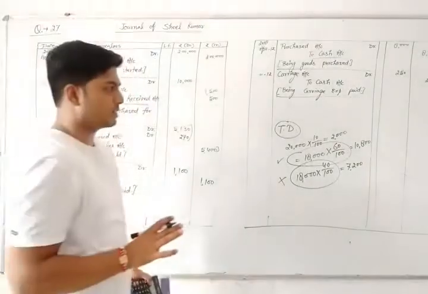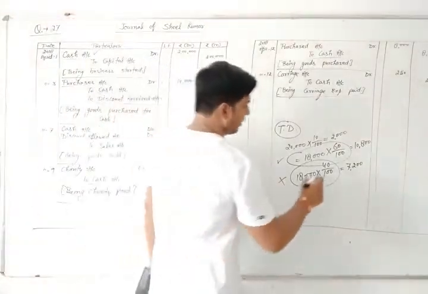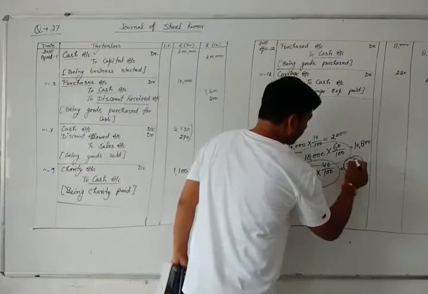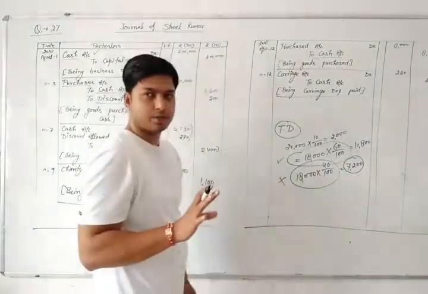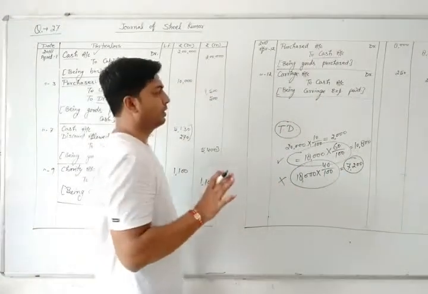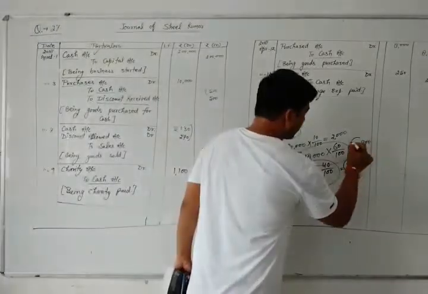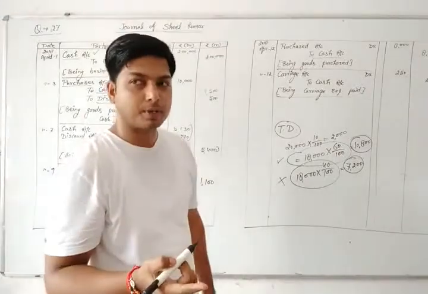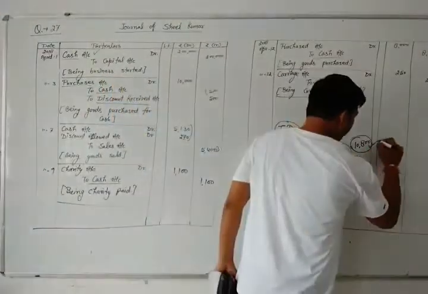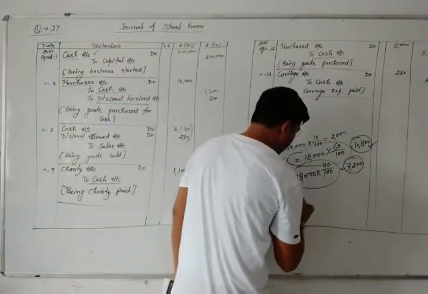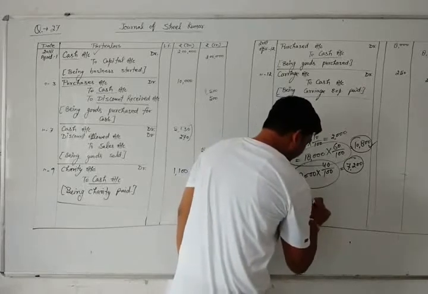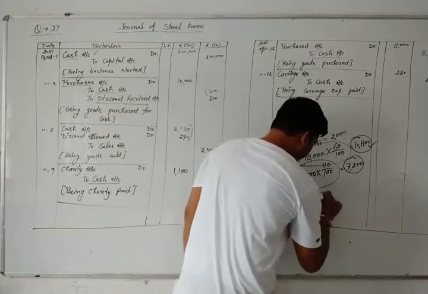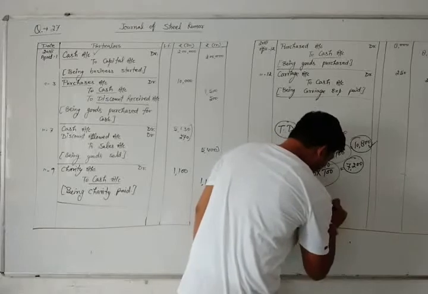So in that case, as per the given information, this 7,200 rupees is not paid in cash by the person who received goods, and this 10,800 is the amount which is paid at 5% discount. So this amount will not be paid fully. 5% discount on 10,800 will be charged.